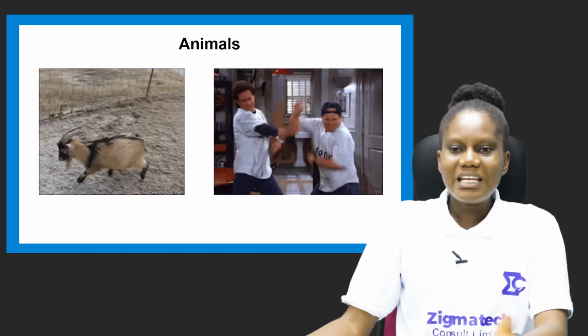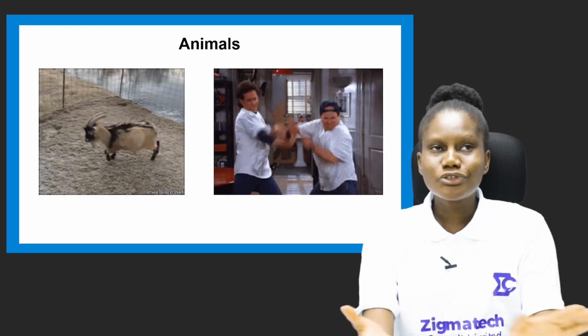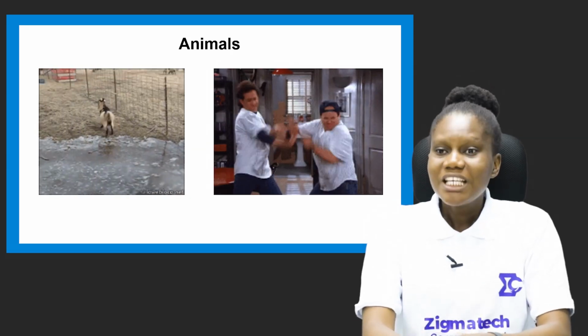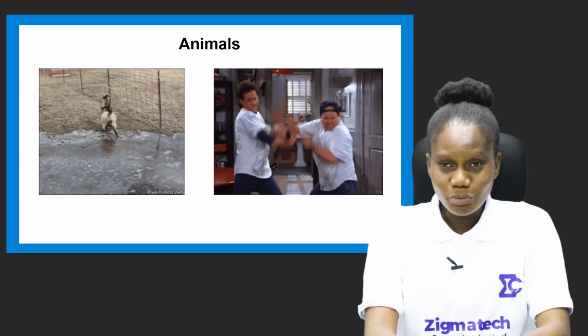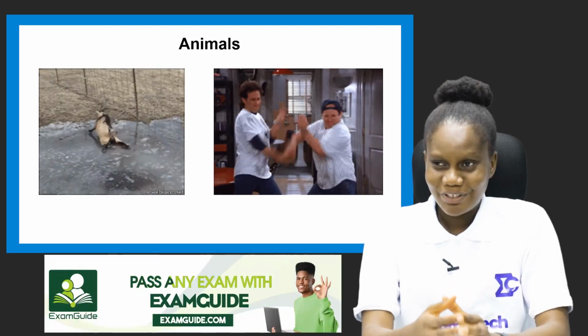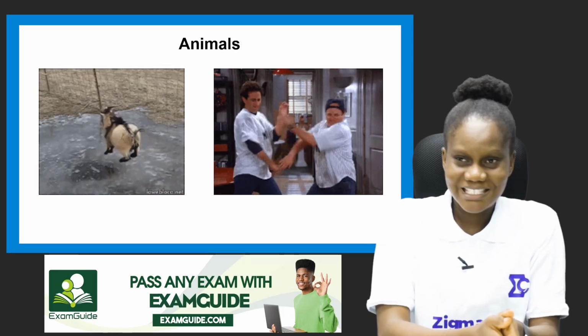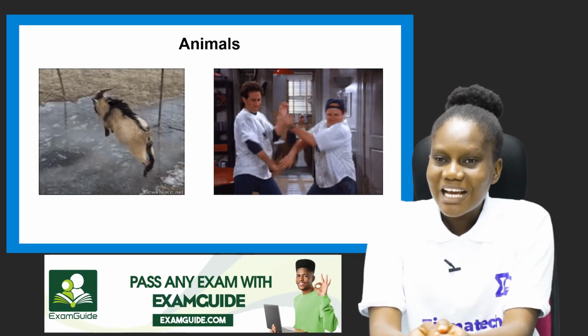The second group is animals. When we talk about animals, we're talking about goats, sheep, dogs, humans inclusive. I know you must be surprised that why would you say humans are animals? I told you 2 major classifications of living things, that is plants and animals.